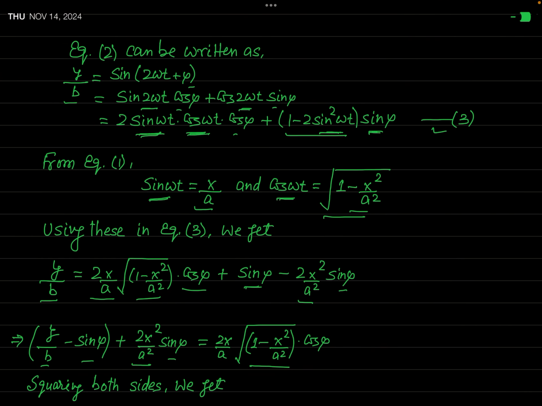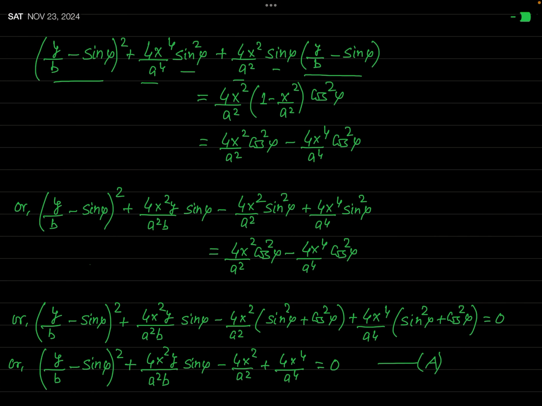And in the RHS, this will be 4 times x square over a square times 1 minus x square over a square times cos square phi. So I have written it here. Now this RHS can be written as 4x square over a square times cos square phi minus 4x4 over a4 times cos square phi.